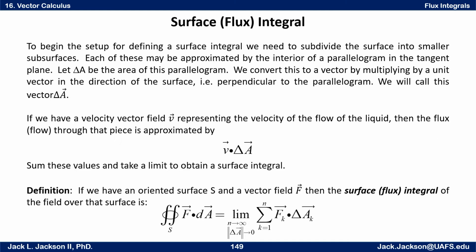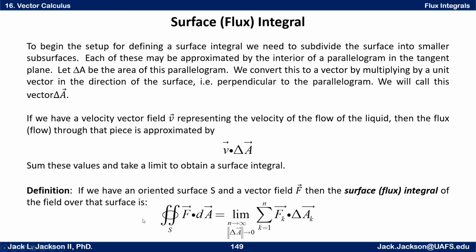If we have a velocity vector field V represented by the velocity of the flow of a liquid, like in the picture before, then the flux through that piece is approximated by the velocity vector dotted with this area vector. We can sum these values up and take a limit to obtain a surface integral.